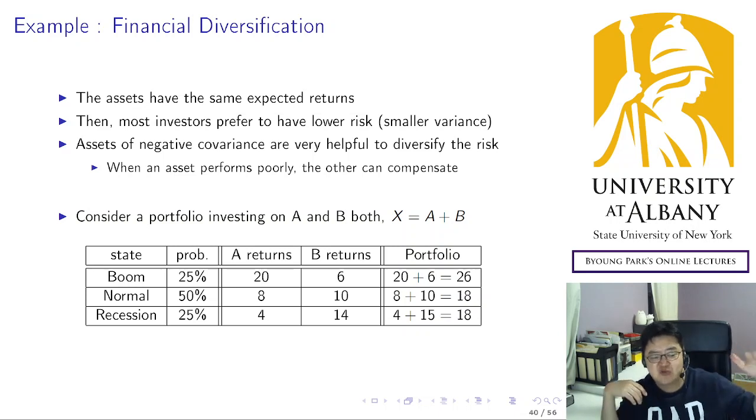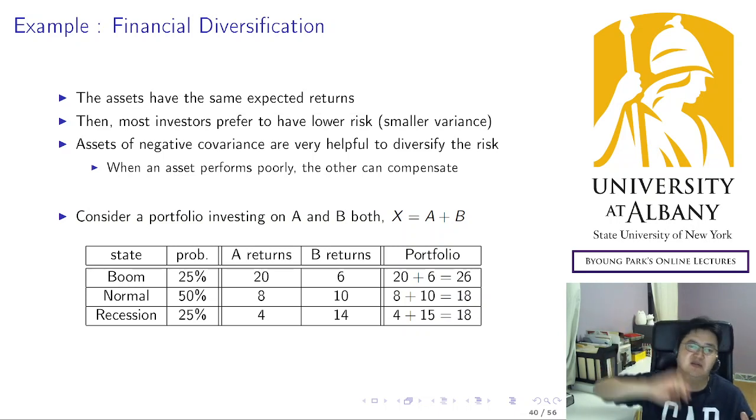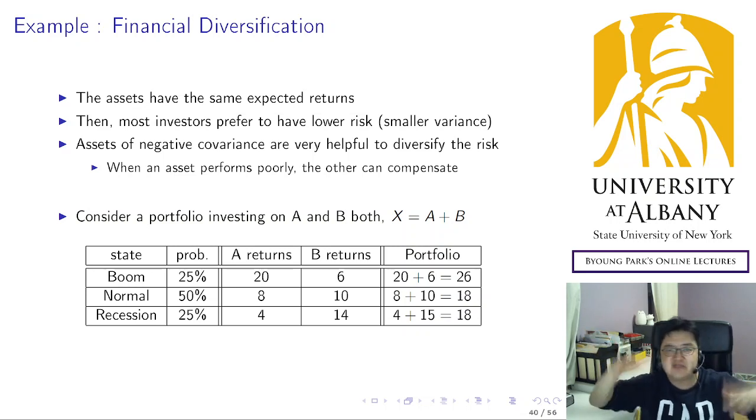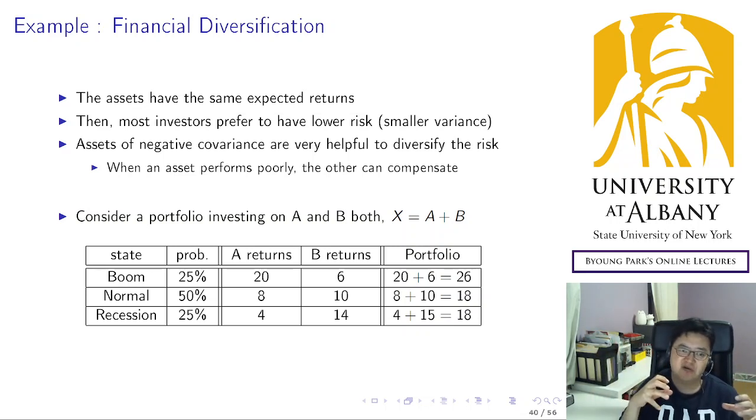When one is not doing well, the other company can compensate, and vice versa. They complement each other. So overall, your risk will be reduced, which is very intuitive, and many of you already have this kind of basic intuition, I believe.